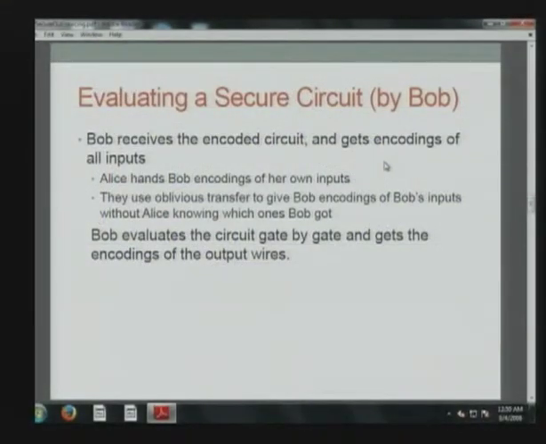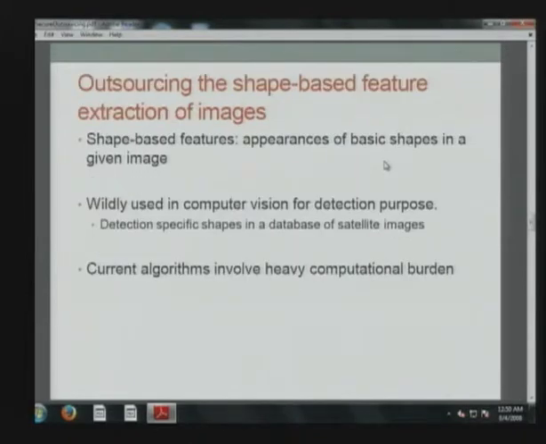This is how it works. So the secure circuit provides us a tool to let 2 parties compute a function together without leaking their private input.